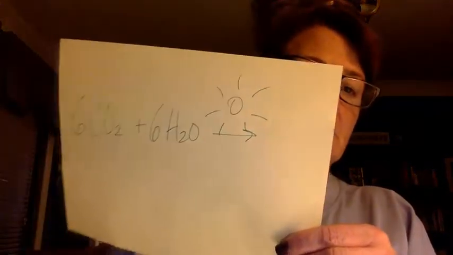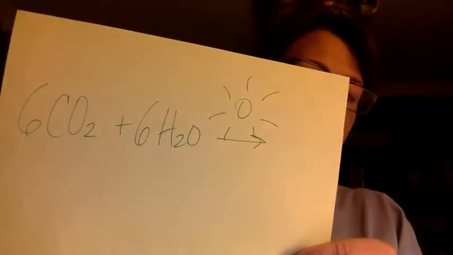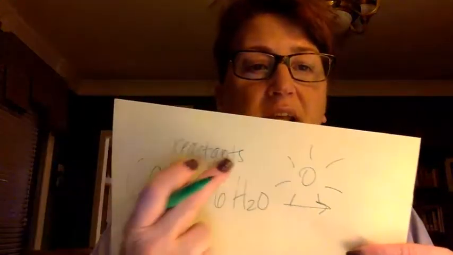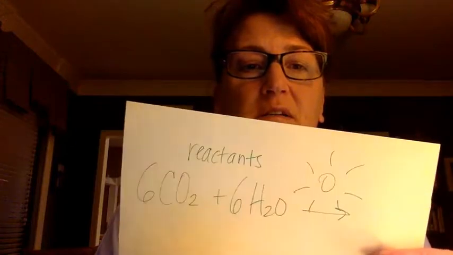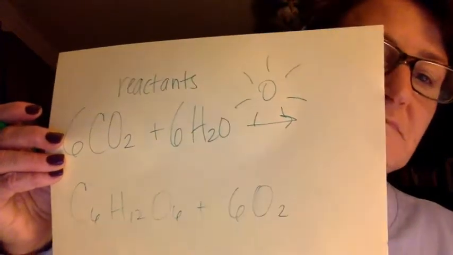So 6 CO2 plus 6 H2O yields. Those are the reactants of photosynthesis. And don't forget the sun, because it can't happen without the sun. And that yields C6H12O6 plus 6 O2.